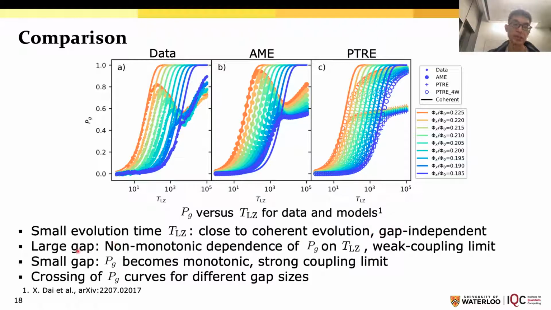And then when the gap is large, there's a non-monotonic dependence of PG on the sweep time TLZ, which agrees with the weak coupling limit predictions. And as the gap becomes smaller, the final ground state probability becomes monotonic in TLZ, which agrees with the strong coupling limit predictions.